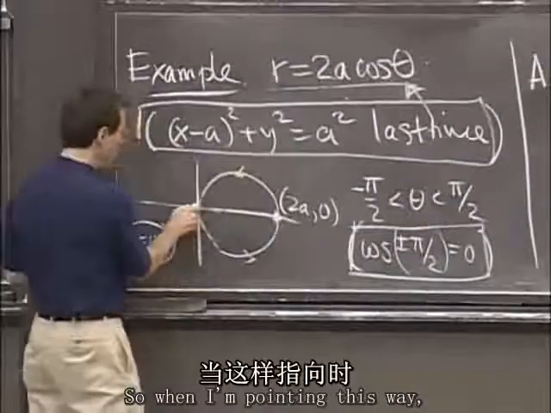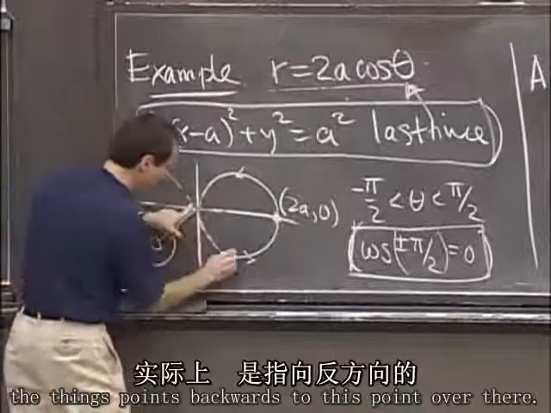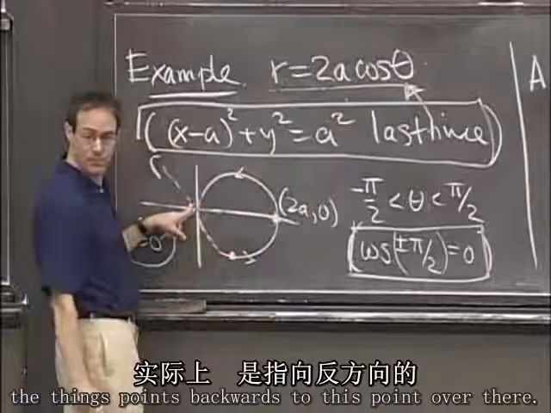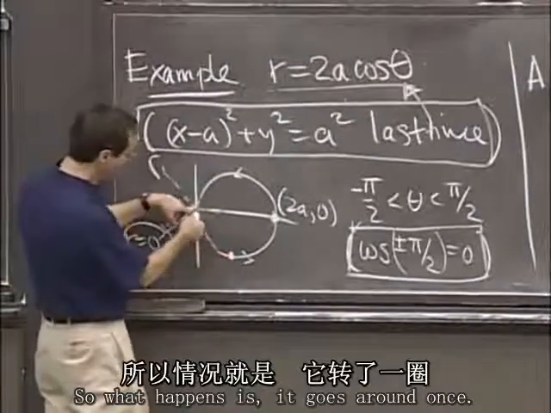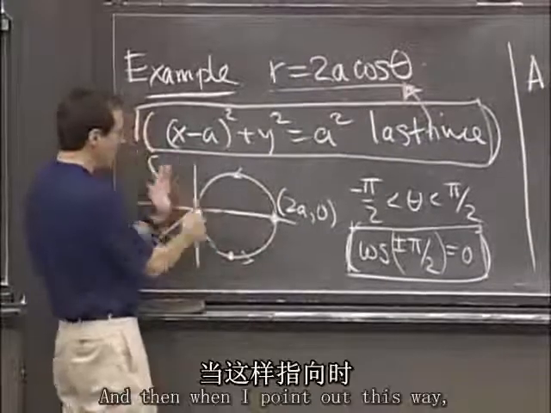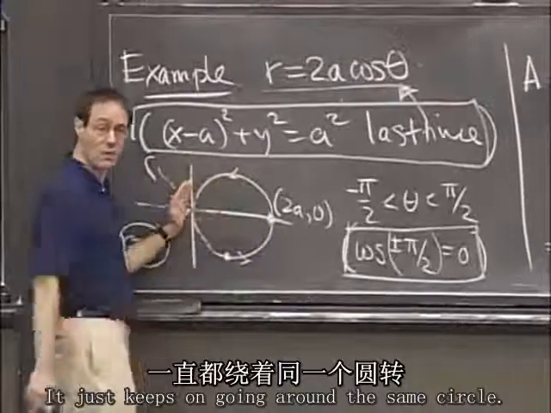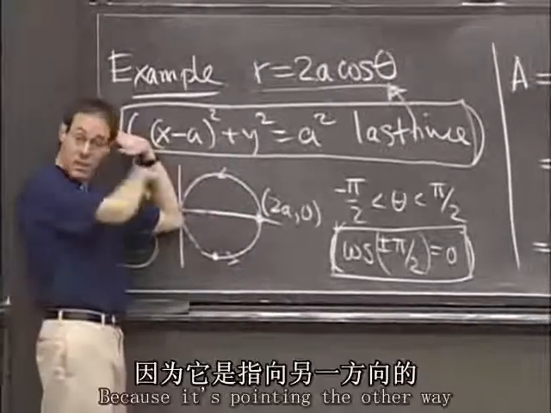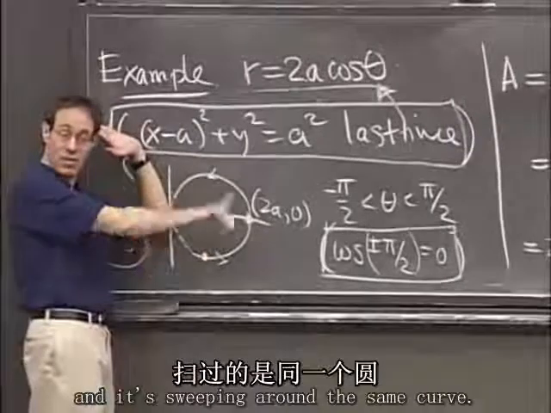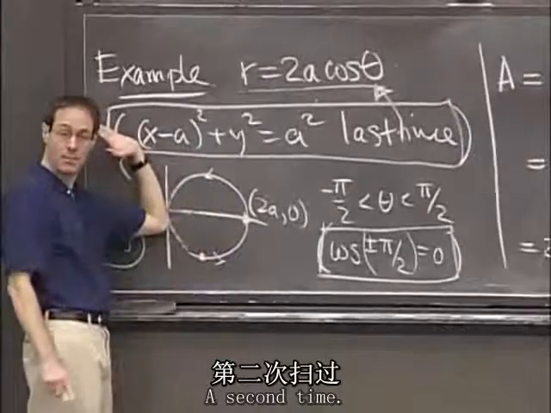So when I'm pointing this way, the thing points backwards to this point over there. So what happens is it goes around once, and then when I point out this way, it sweeps around a second time. It just keeps on going around the same circle. So over here it's empty because it's pointing the other way and it's sweeping around the same curve a second time.